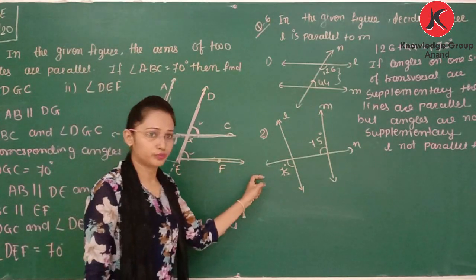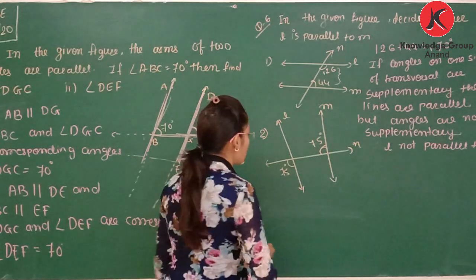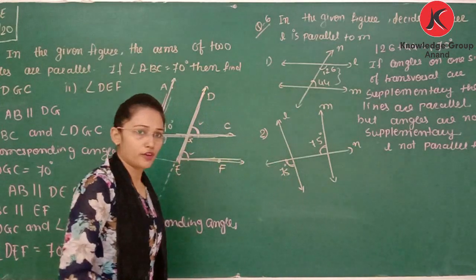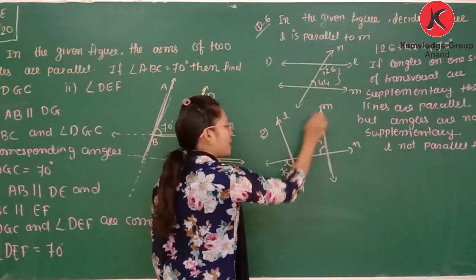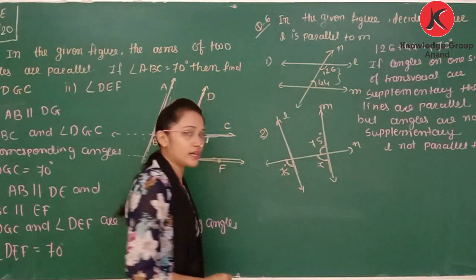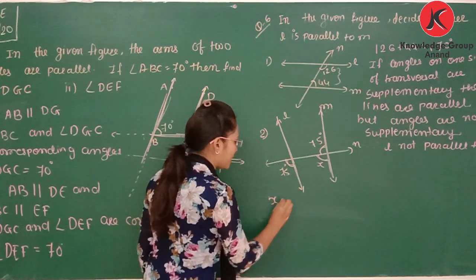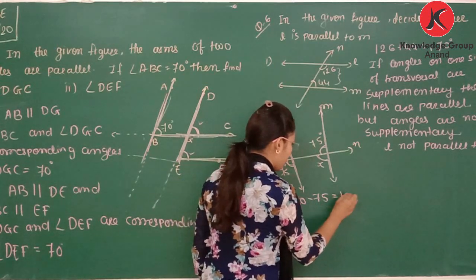Now second, here this angle is given as 75, and this angle is 75. So if these two lines need to be parallel, we can find this angle. Let's find angle X. So angle X is equal to 180 minus 75, that is 105.